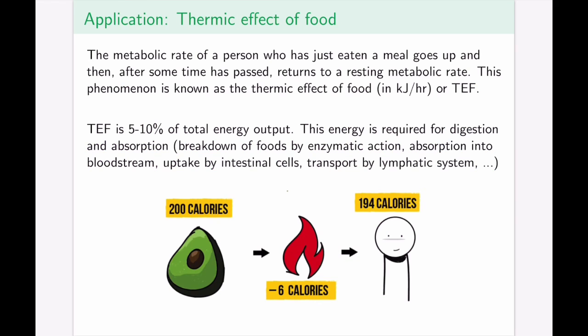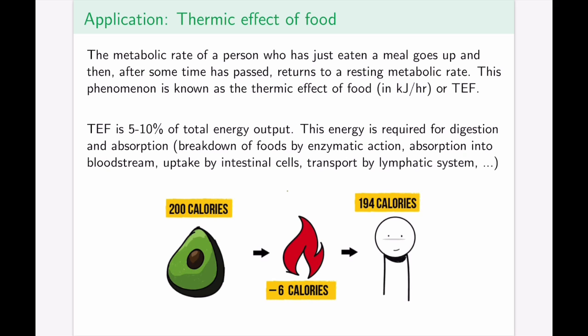Our next application has to deal with the thermic effect of food. It is well known that the metabolic rate of a person goes up after a meal, and there is some time that passes before your metabolic rate returns to the resting rate, your general average norm.